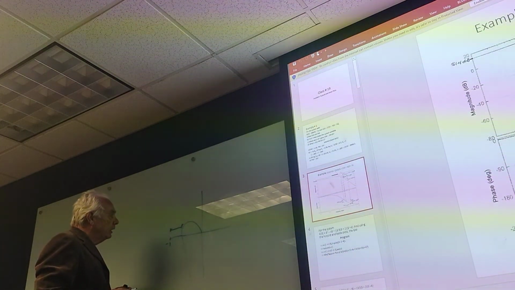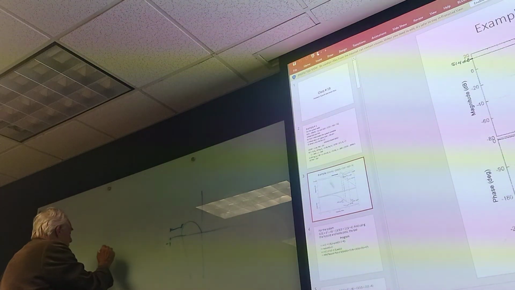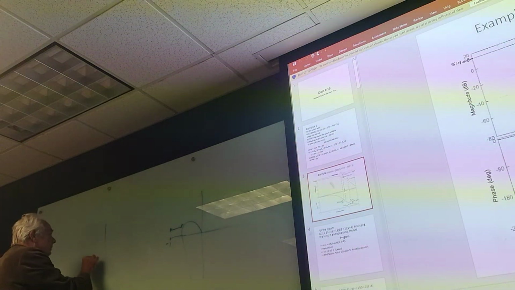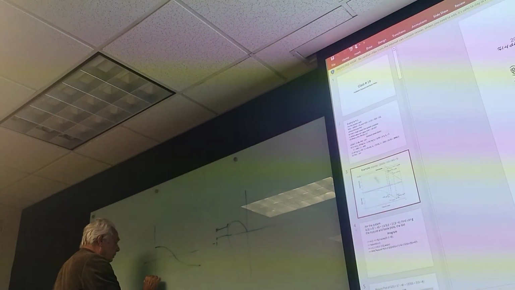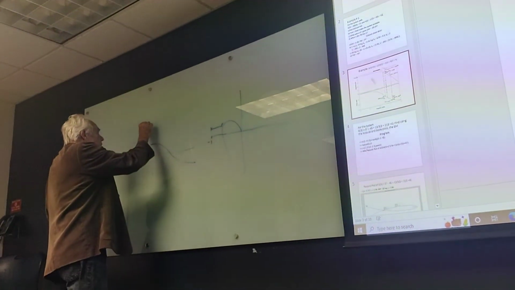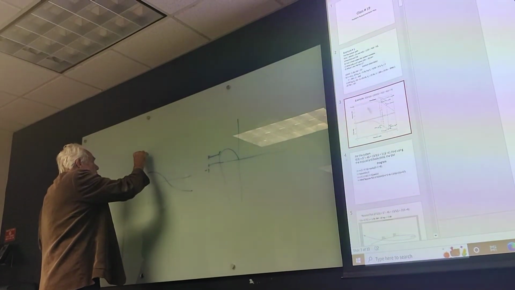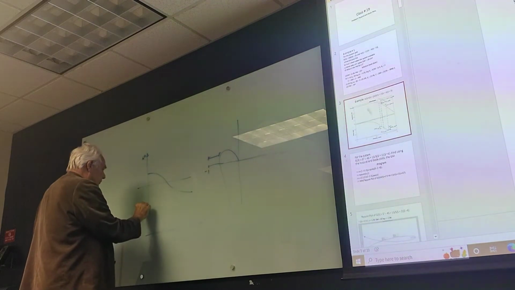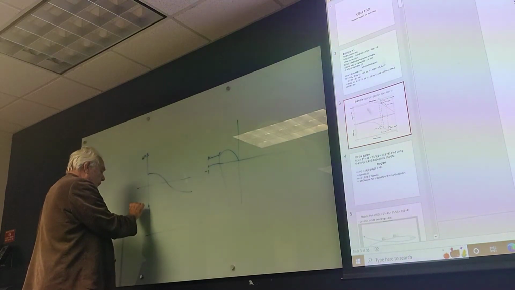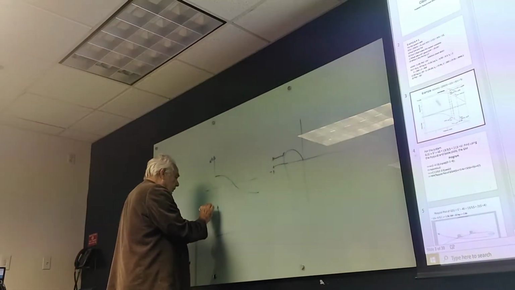And in Bode, if we put Bode here, this is the magnitude, and here we have the phase, the angles.